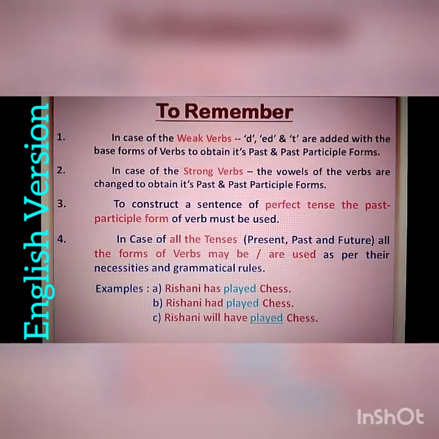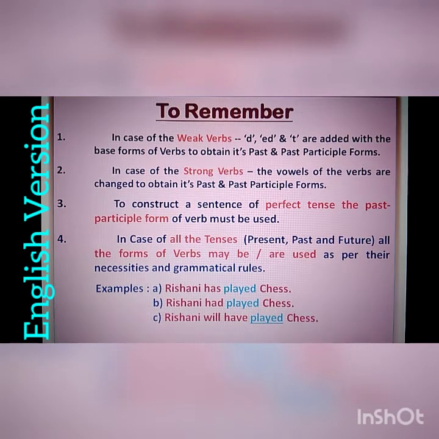Now, here, at a glance, we can see. In case of weak verbs, we have already known that d, ed and t are added with the base form to obtain the past and past participle forms. In case of strong verbs, vowels are changed or converted to obtain the past and past participle forms.